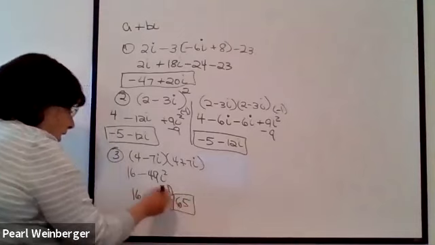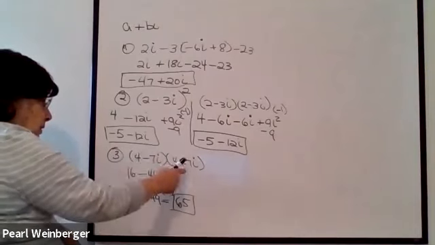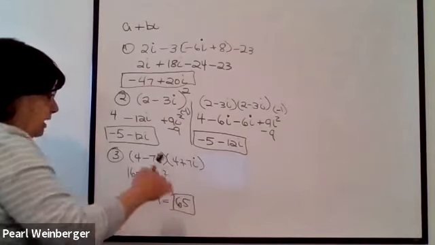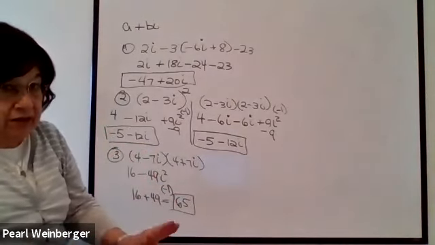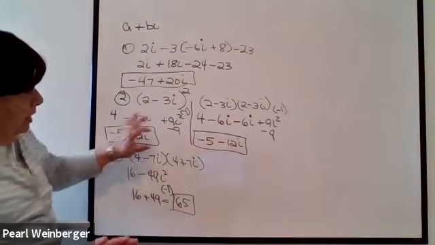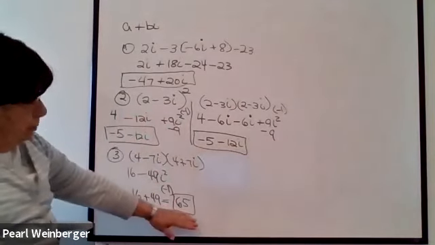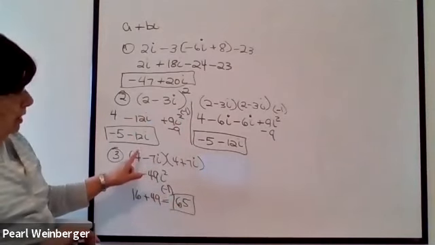And the answer to multiplying these two complex numbers is a number that's just a plain real number. Remember, a real number doesn't have any i's in it. We can multiply two numbers with i's and end up with an answer that has no i's. And this is very important to remember.